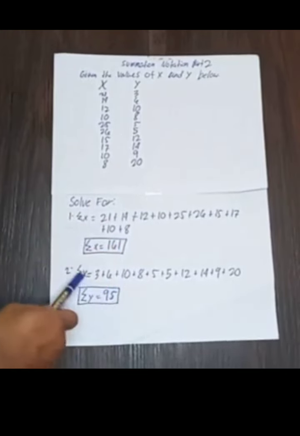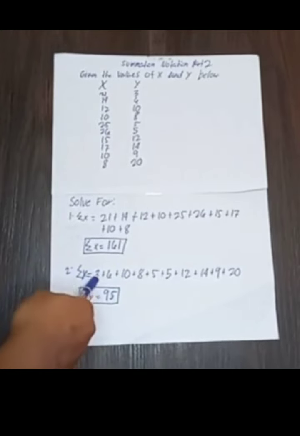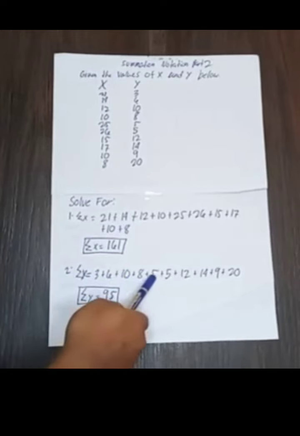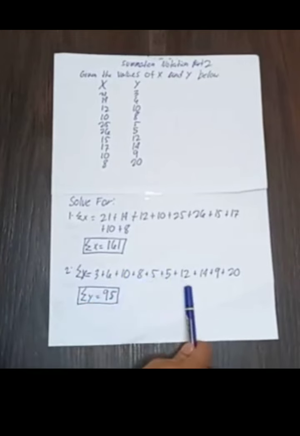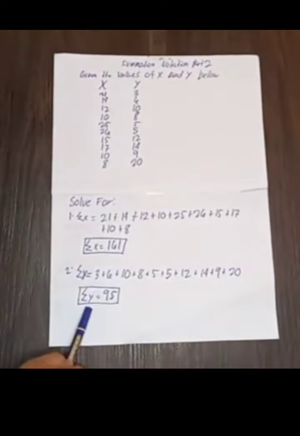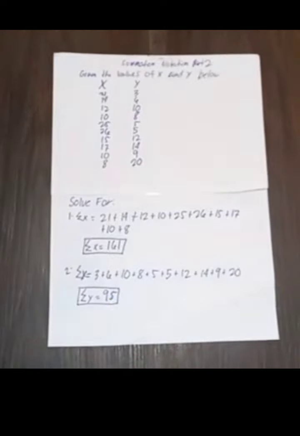And now, we solve for summation y. Summation y is equal to 3 plus 6 plus 10 plus 8 plus 5 plus 5 plus 12 plus 14 plus 9 plus 20, and summation y is equal to 95. Thank you.